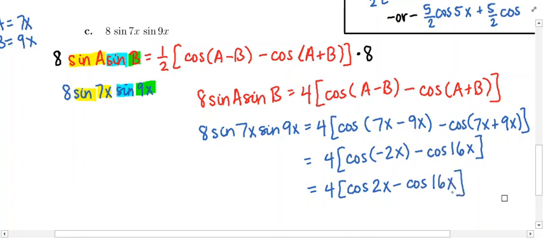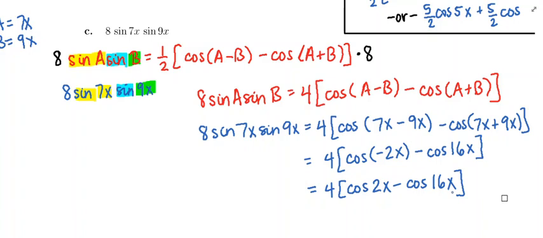We are done. Please realize you cannot combine the cosines. They are not like terms. You can combine a cosine 2x with a cosine 2x, and you can combine a cosine 16x with a cosine 16x, but you cannot combine a cosine 2x with a cosine 16x because their arguments are different.